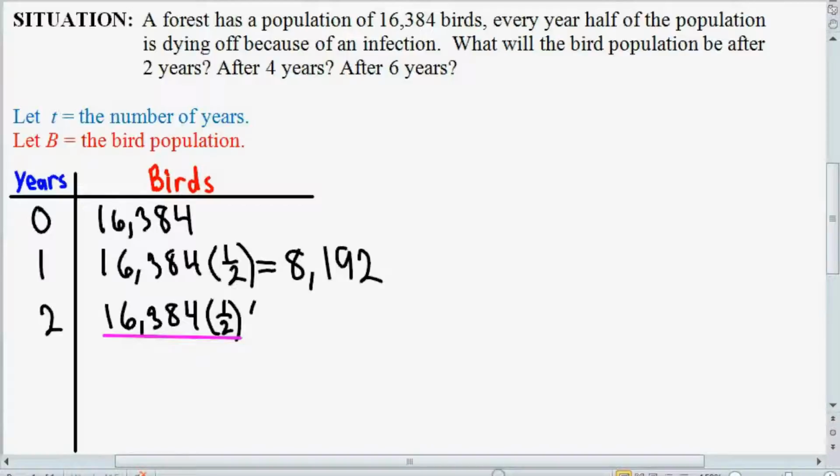This will then be multiplied again by 1/2, which will in turn give us a bird population of 4,096 birds. However, as in previous lessons, it is best to first simplify your notation. So we will simplify this notation as 16,384 times 1/2 to the second power, which will give us our bird population.